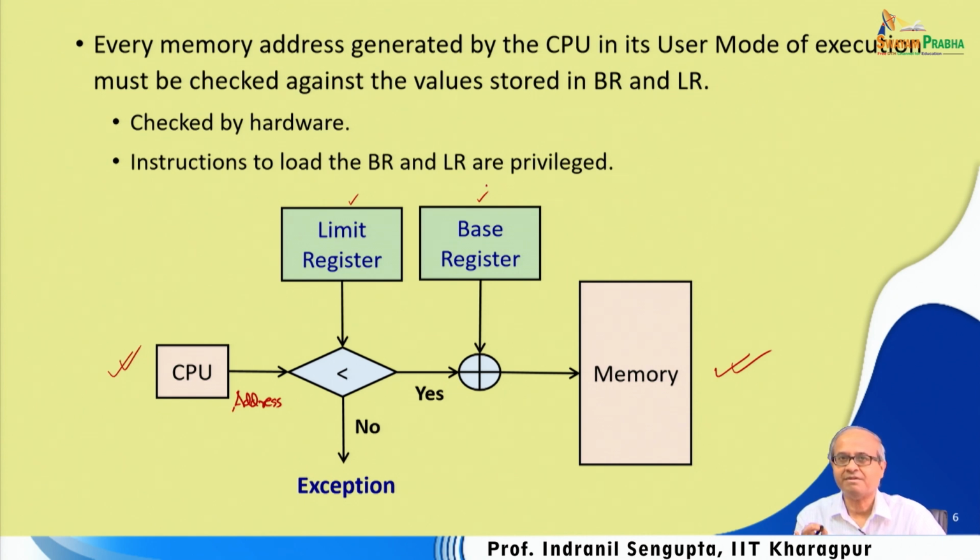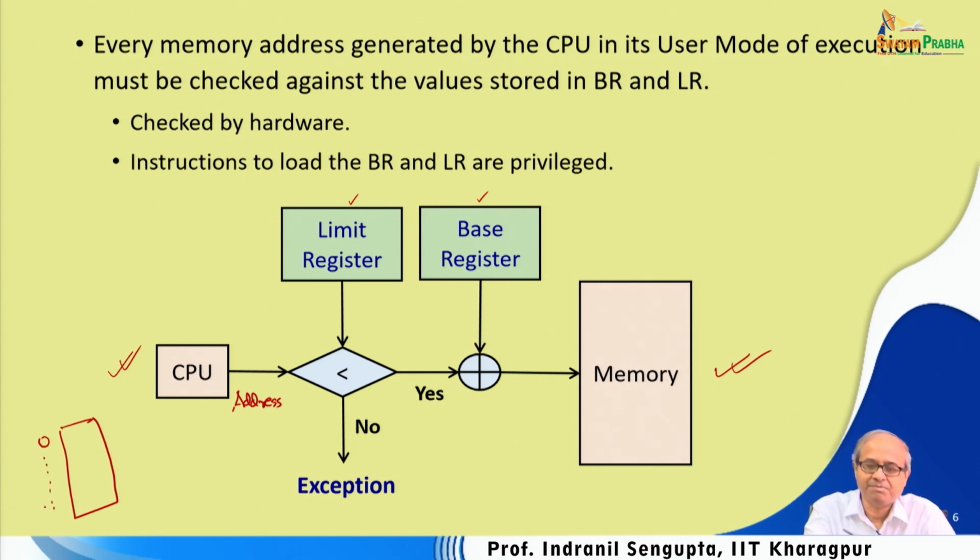Now, one thing: whenever a process or the object code is created by a compiler, the instructions are created assuming that the starting address is 0. From 0 up to some maximum, that is the address space of the process.